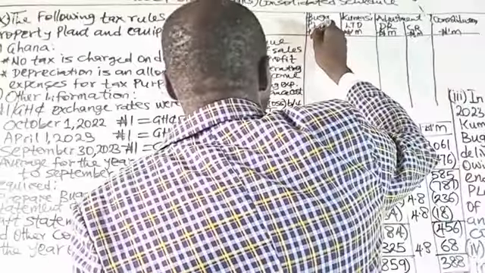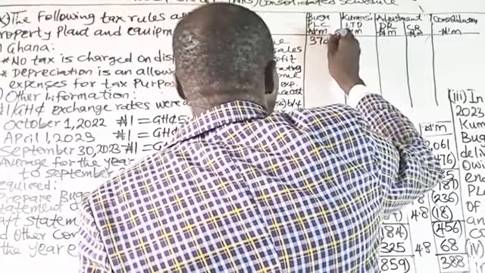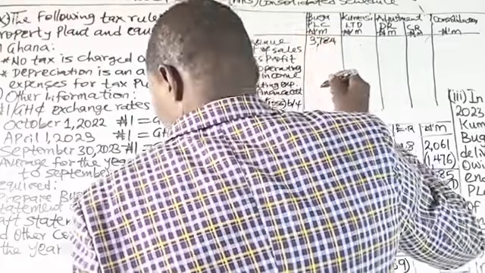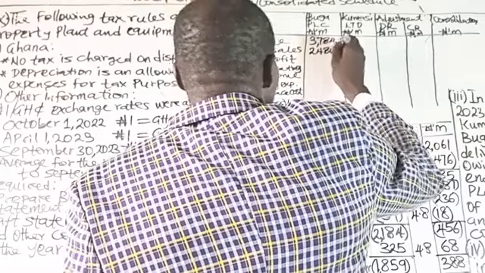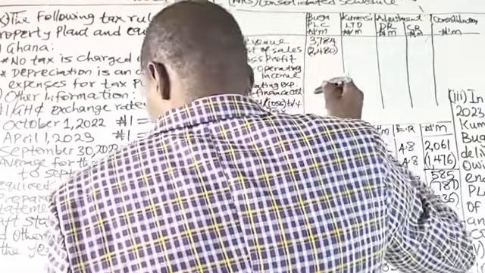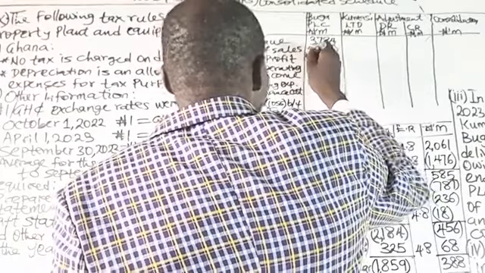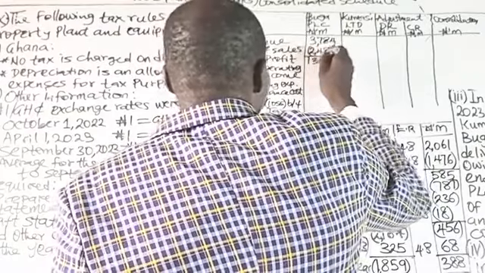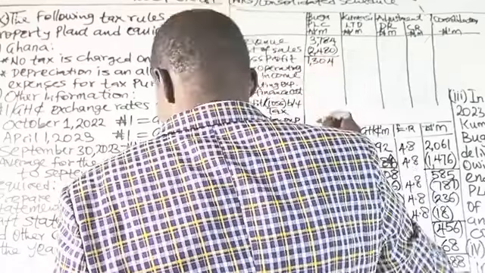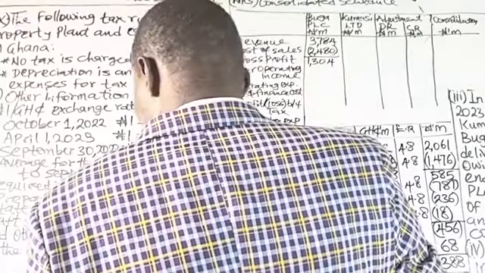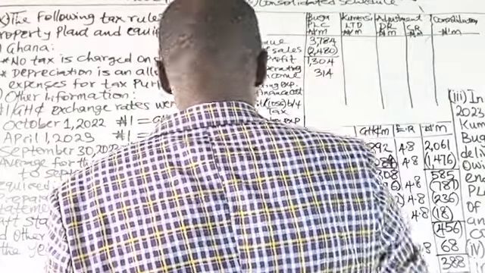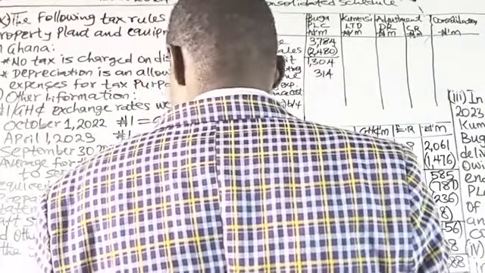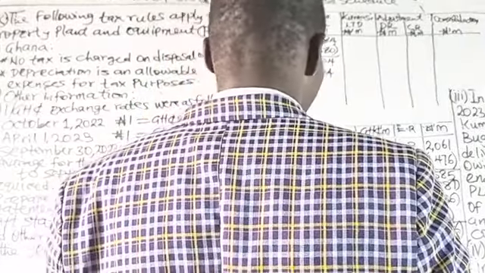Revenue of the parent 3784, cost of sales 2480, the gross profit of the parent 1304, other operating income of the parent 314. Then operating expenses is given to be 700.